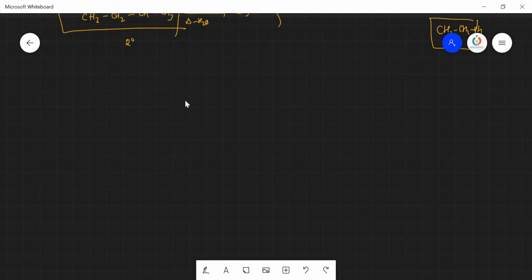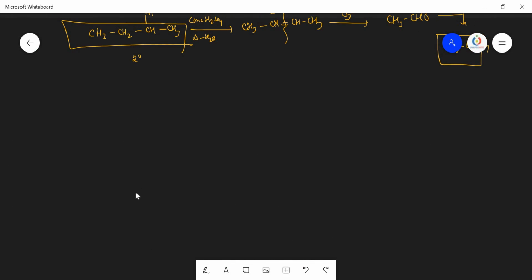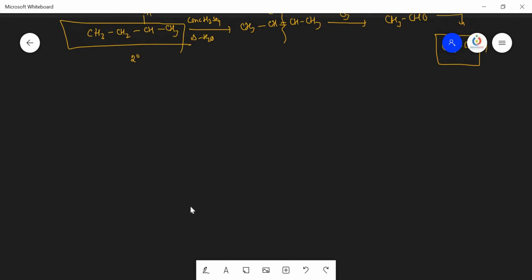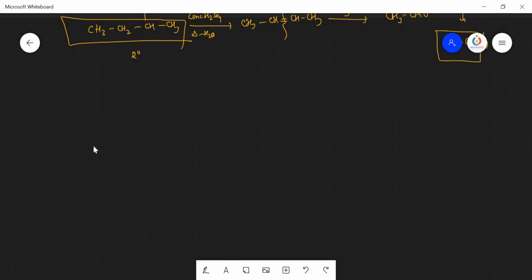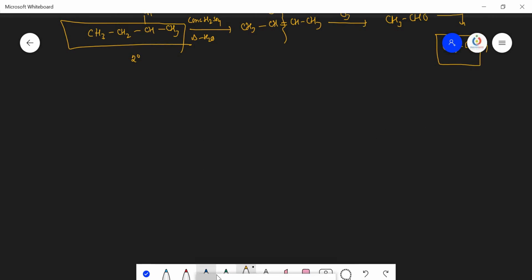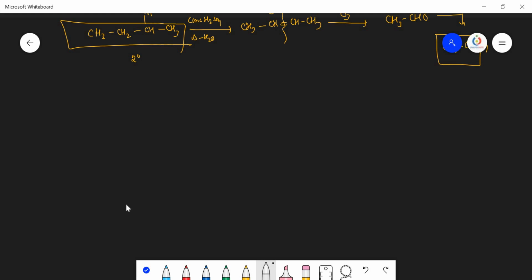Now let us see some conversions of ethyl alcohol into various compounds. You must know about ethyl alcohol, because almost all alcohol reactions will come here. So you must be aware of that. C2H5OH is our molecule.